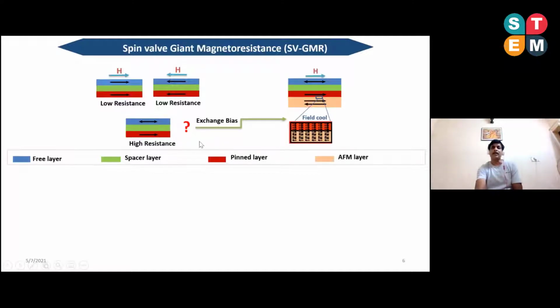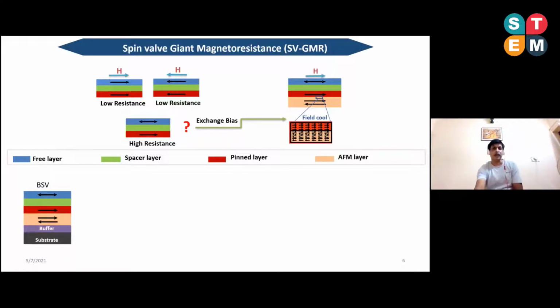When we want to get this high resistance in the antiferromagnetic state, we need to bias, and that is called exchange bias, by an AFM layer. The ferromagnetic layer is biased by an AFM layer to get the opposite spin configuration in the system. So when we apply the field, the free layer rotates while the other layer is fixed in a particular direction by biasing through the AFM layer.